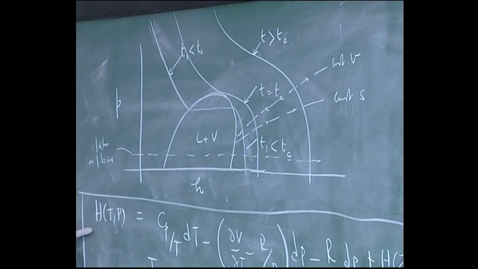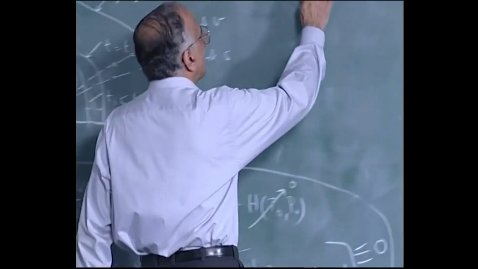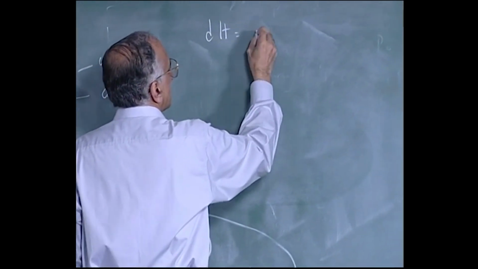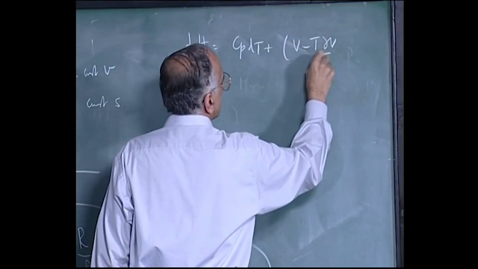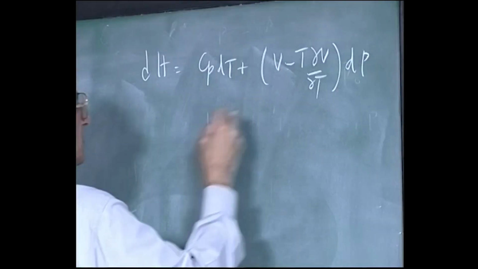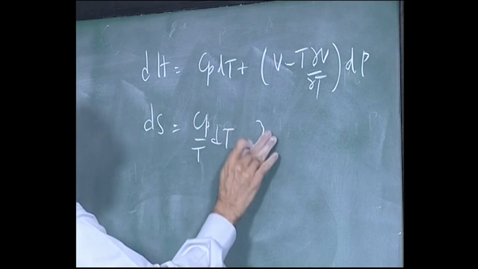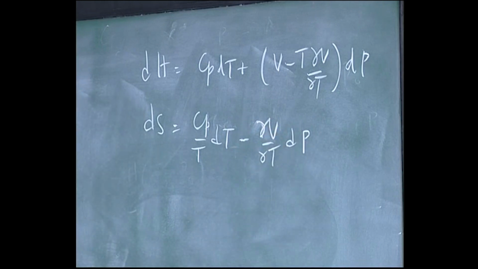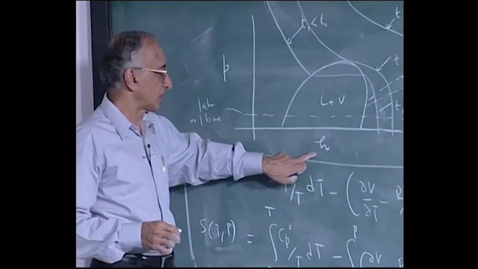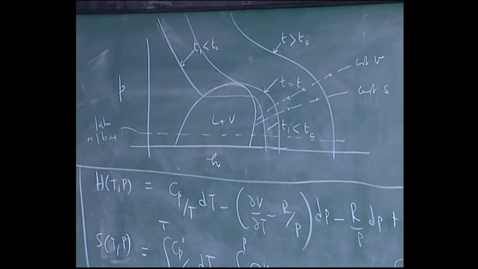For example, if I am looking at H and P, I will go back to these differential equations, dH is equal to Cp dT plus... you are looking at pH lines, so I am always looking for dou P by dou H to find out what the slope of the line is like.